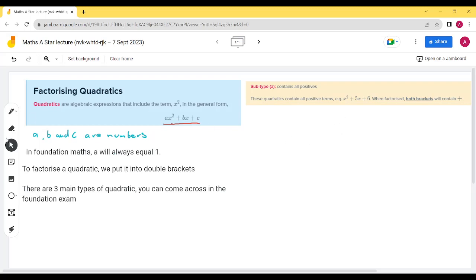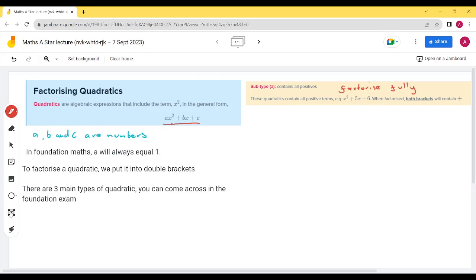Both parts of our equation have two pluses. If you have a question with this, it will say something along the lines of factorize fully. It may say factorize the quadratic, but it won't necessarily tell you it's a quadratic.